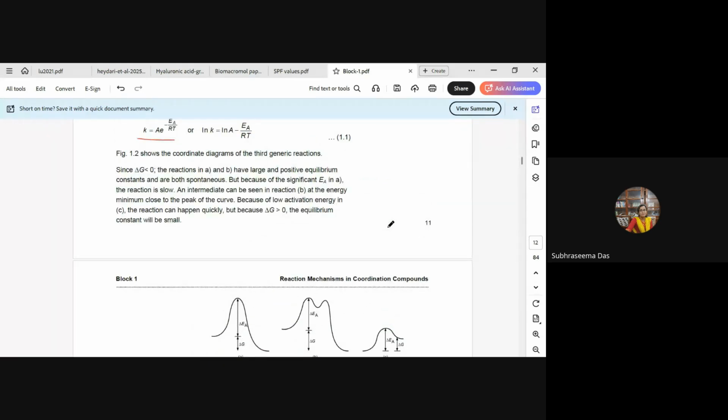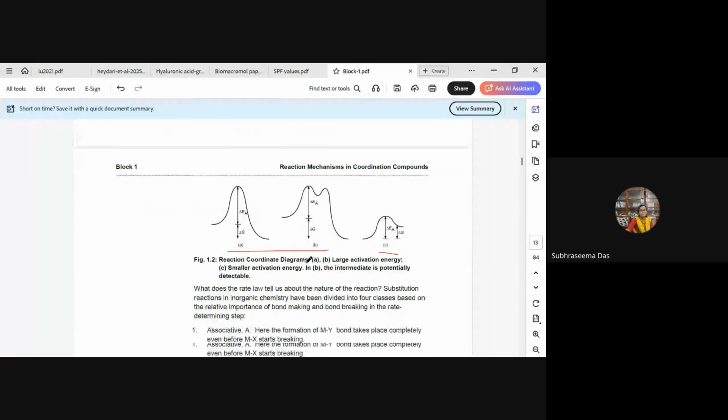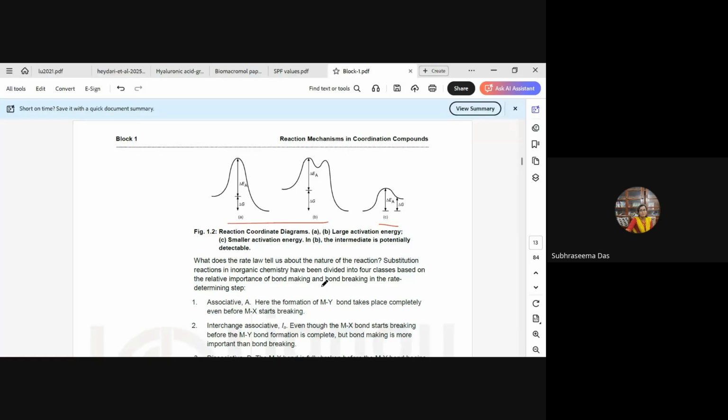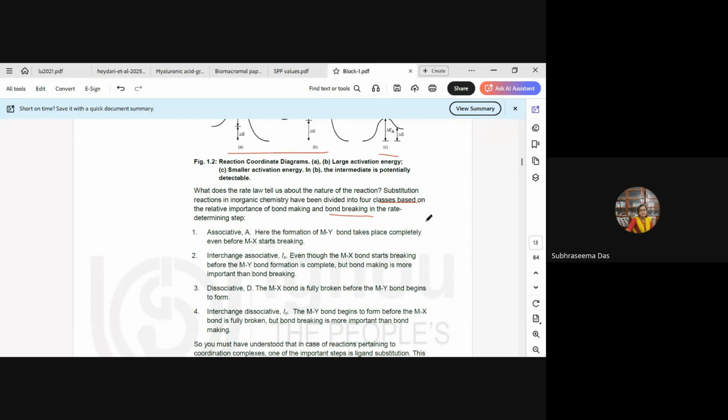Now we'll talk about the rate law. Looking into the rate law, it tells about the nature of the reaction. Substitution reactions in inorganic chemistry have been divided into four important classes based on the importance of bond making and bond breaking in the rate determining step.